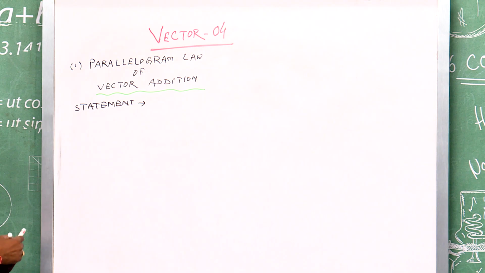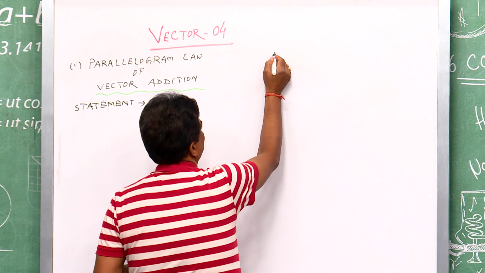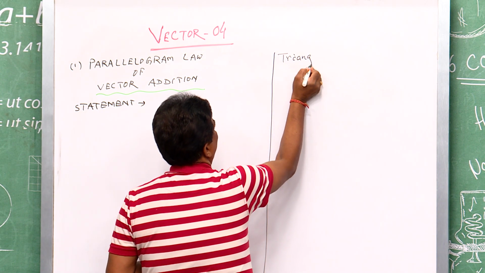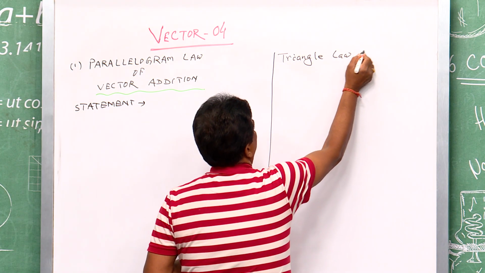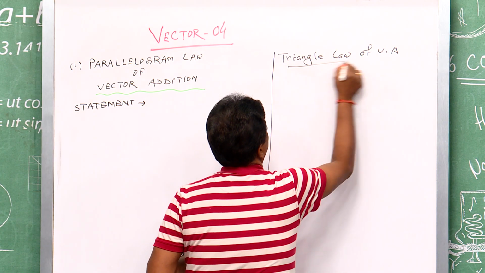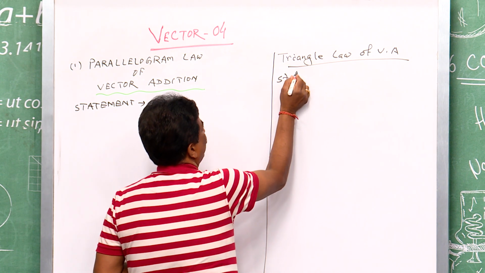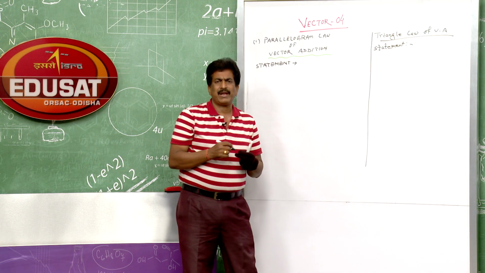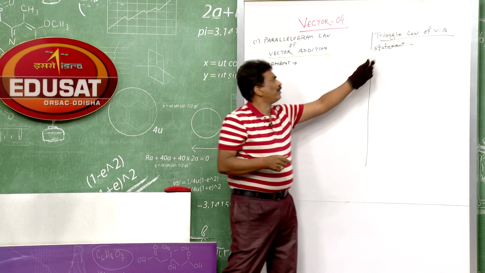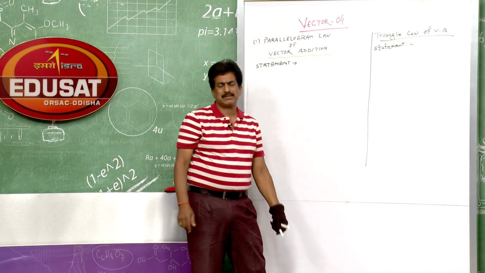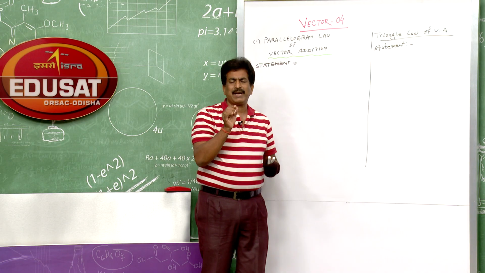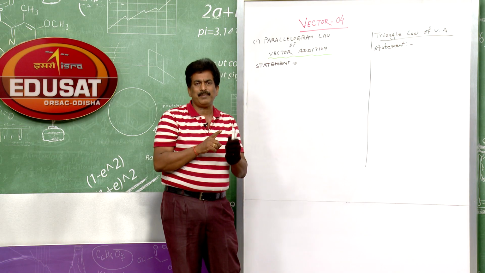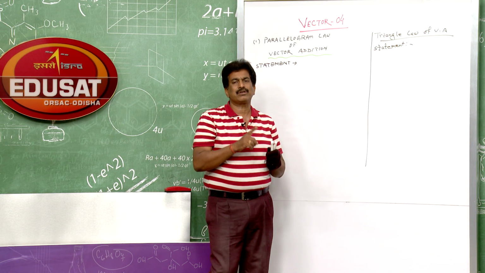As we discussed in the triangle law of vector addition, there was a statement, and that statement we know. For the addition, at least 2 vectors are needed. For the triangle law, the statement is: when 2 vectors are represented as the 2 sides of a triangle in the same order, then the resultant will be the third side of that triangle in the opposite order.